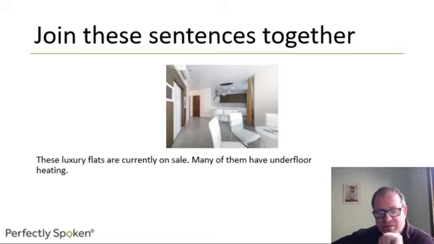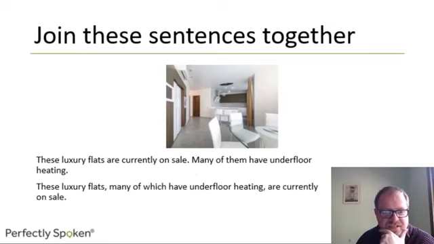Pause the recording here if you need some time to think about it. And here is the answer. These luxury flats, many of which, obviously, because flats are things, many of which have underfloor heating, are currently on sale.